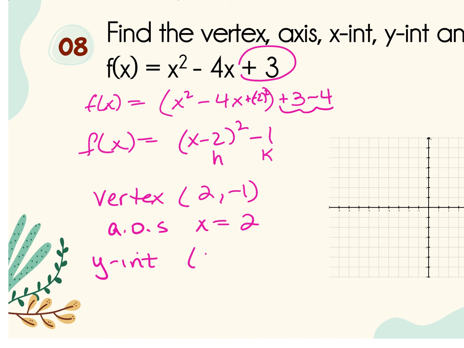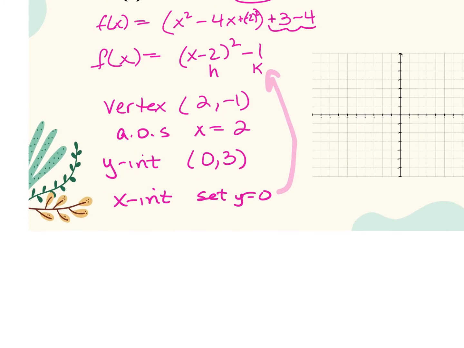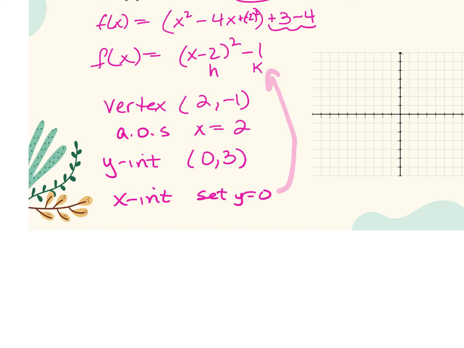So my y-intercept is the ordered pair (0, 3). Now, in order to find the x-intercepts, this is where I'm going to set y equal to 0, and I'm going to use my newly formed standard form and plug in the 0 there. And then that's how I can get my x-intercepts.